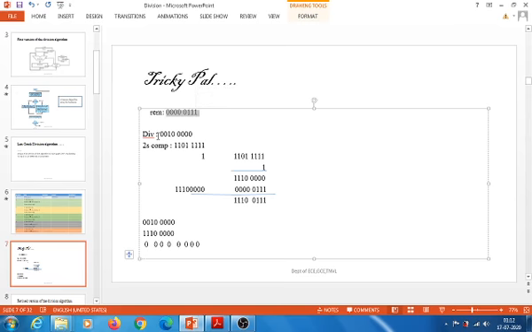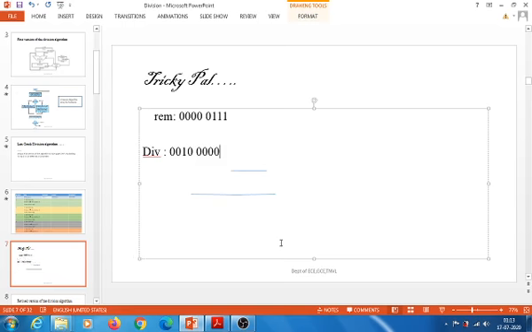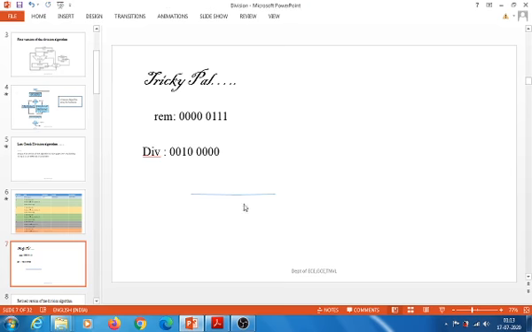And what about our divisor? Our divisor is 00100000. So if I want to do this division, this is our divisor part.